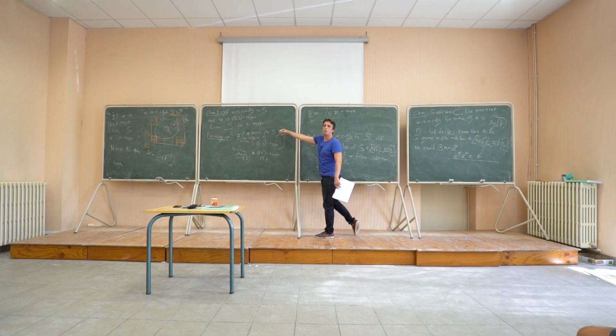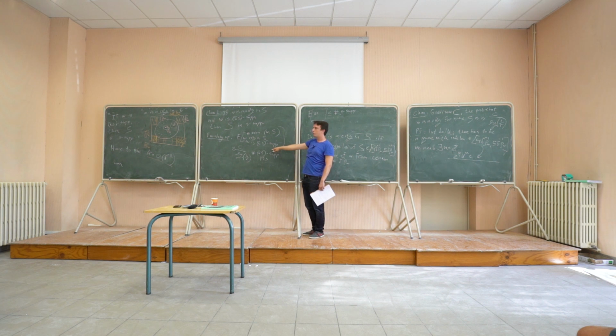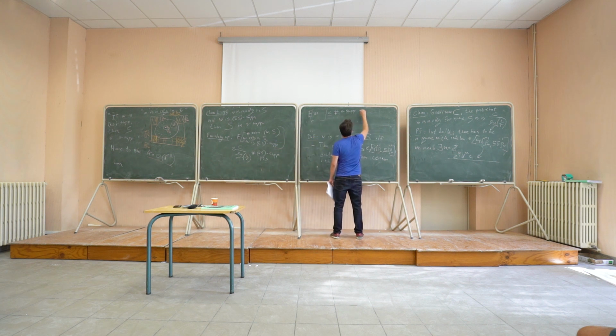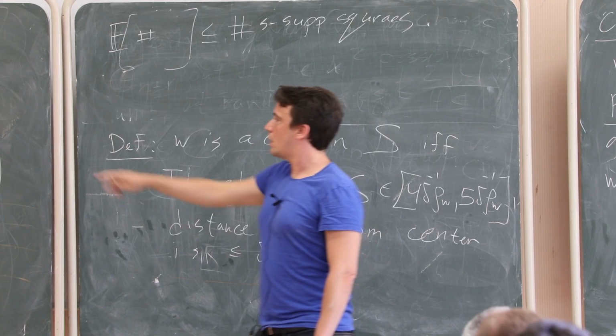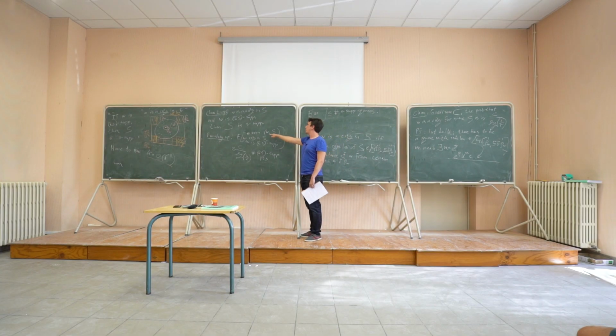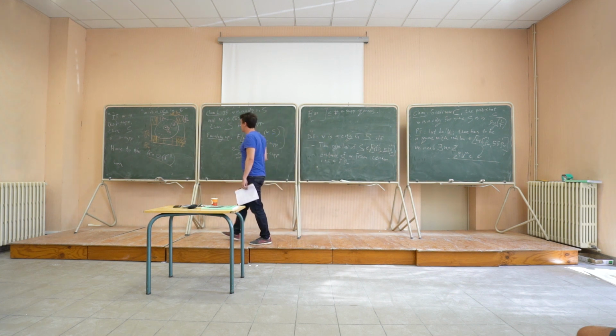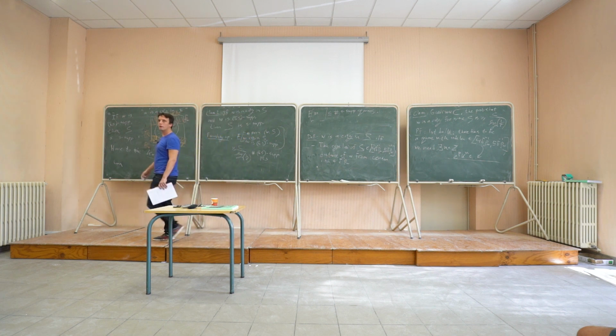I'm counting the number of such S's, because I know that they have to be S-supported, since W is a city. So it could be no more than the number of S-supported squares times, now I have to calculate: for each S-supported square, how many W's could I have such that this pair is counted in this set?